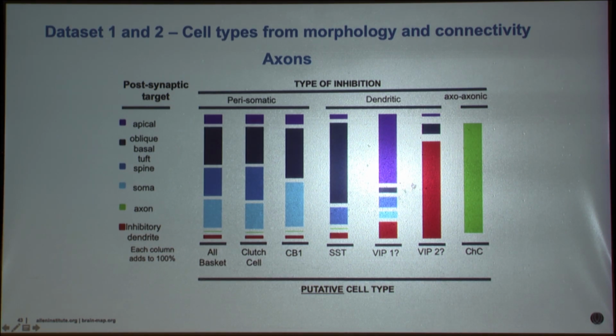As you, I hope, appreciate, it's not a walk in the park collecting these data. But once you have it, you can ask questions one after another about, in this case, cell type specific connections. Each column is a different class of presynaptic inhibitory neuron. Each color is a different type of target. I won't even go through what the different types of targets are.